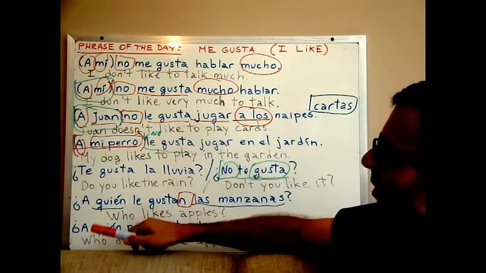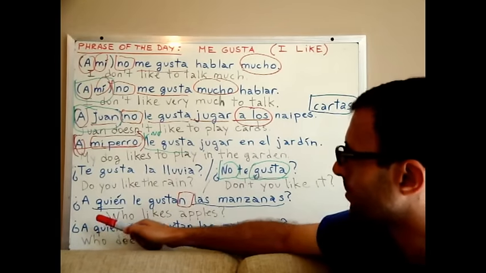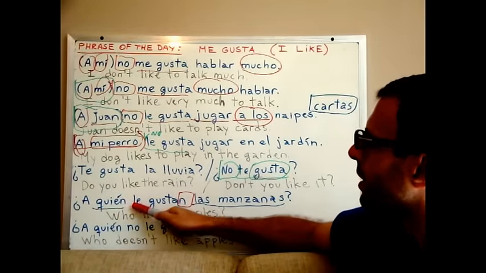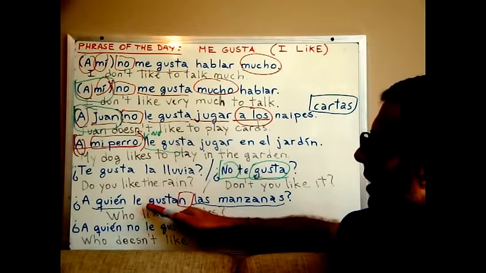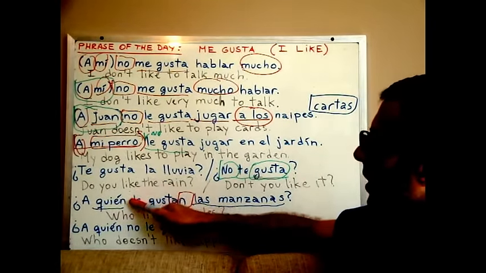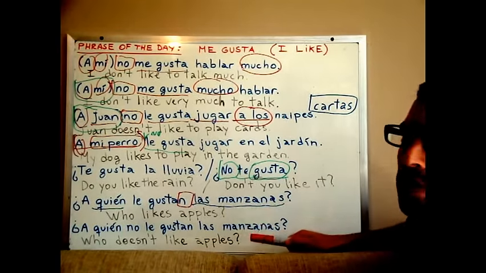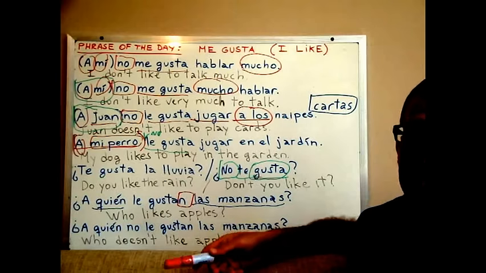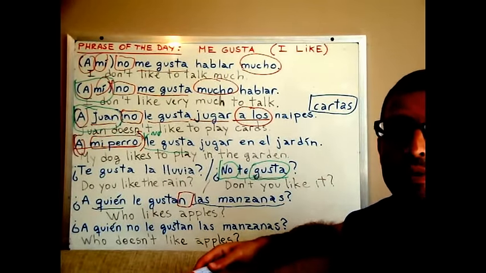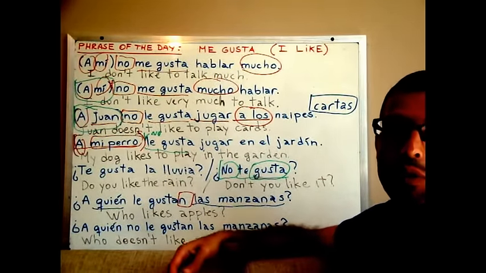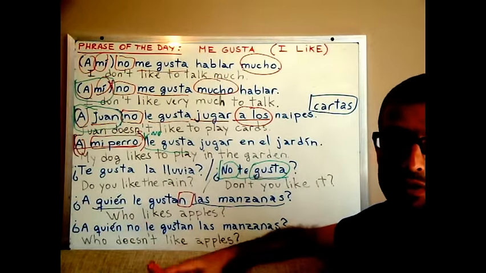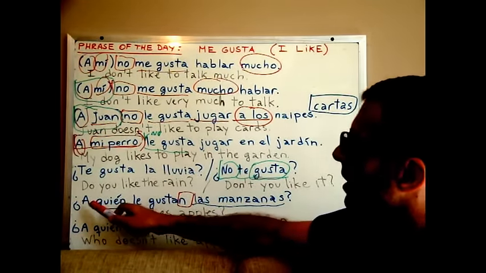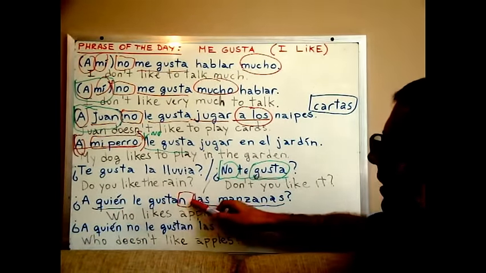So, this word by word will mean, to who it or they like the apples, or to who the apples are likable, to whom the apples are likable, right, would be the actual translation from Spanish to English, okay? ¿A quién le gustan las manzanas?